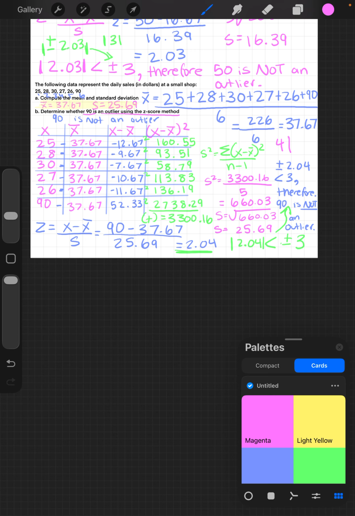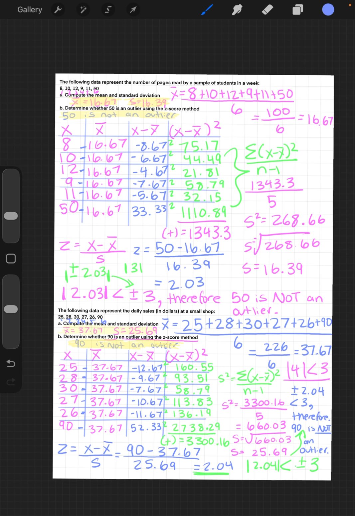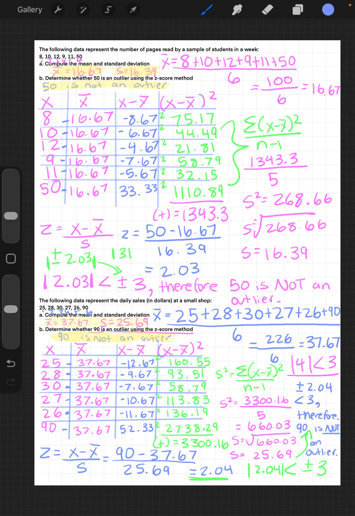If it's 4, that's greater than 3, so this would be an outlier. But in all our cases, it's not an outlier, which makes the data pretty good. And this is how you would do this one.